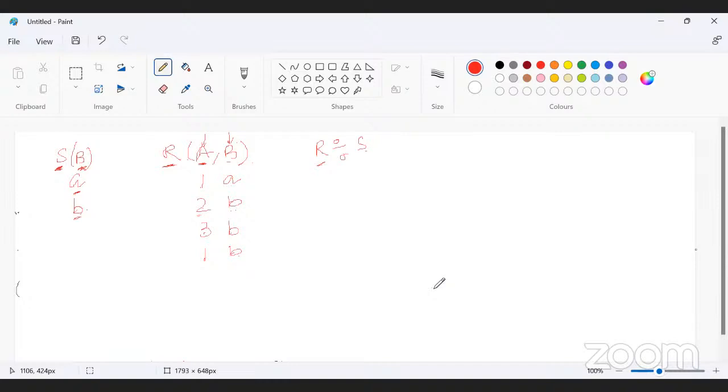Okay, let me tell you in this way. Whatever attributes are present in R, at least one attribute less than that should be present in S. Suppose one example: R has the attributes A, B, C, and S has only B, C. That means you can say that whatever attributes are present in S are a proper subset of the attributes present in R. Yes, absolutely right, what I am telling is the same.